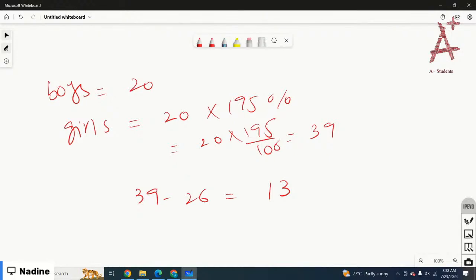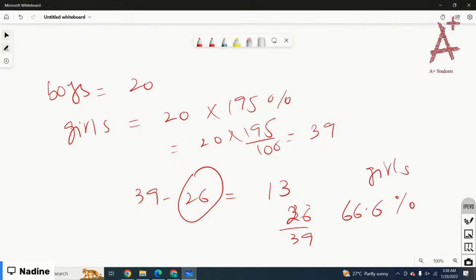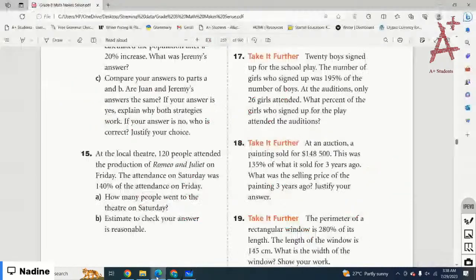So just divide, 13 divided by 39, that means just 33.3%. No, 26 attended. So it would be 26 over 39. That means 66.6% of the girls attended the auditions, right?